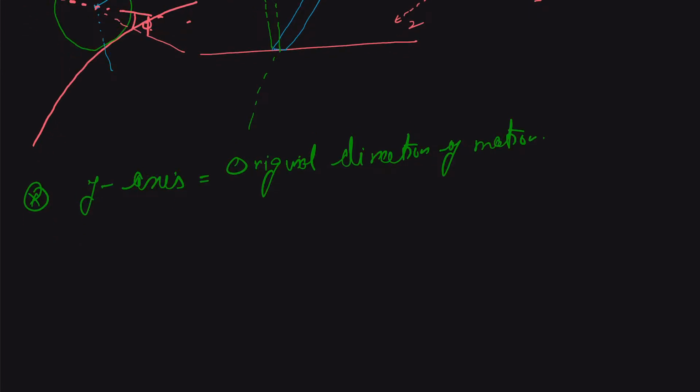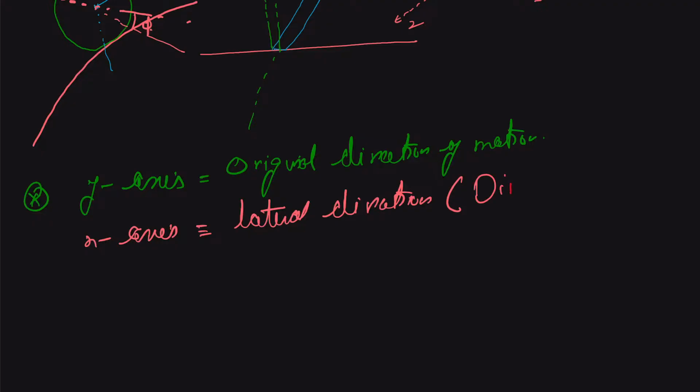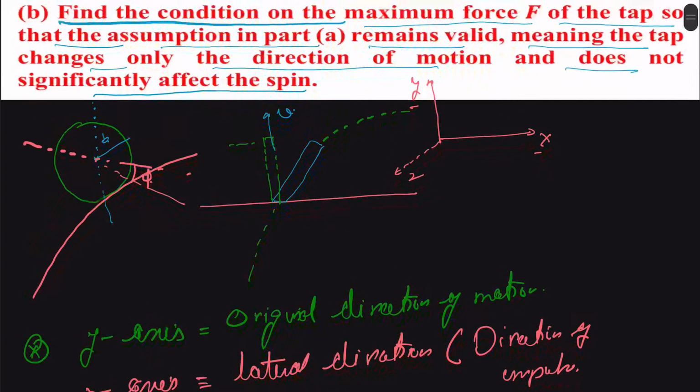And then we have our x-axis, and the x-axis is nothing but our lateral direction, or we can also call it the direction of impulse, and this impulse is in this direction. Okay, and impulse is given as our I.